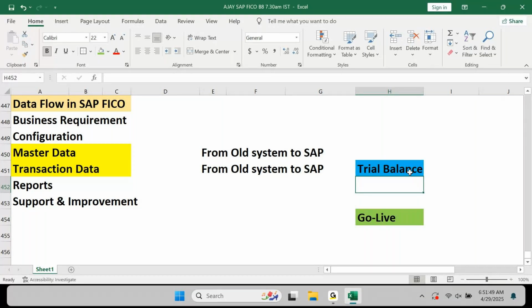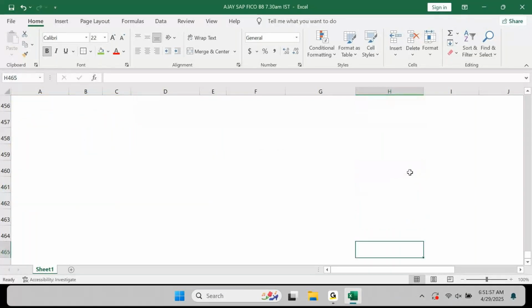Now, for you to upload a trial balance into SAP, we need to understand a few more points here. If I write some more points, we are talking about which point now? Data. What is it that we wanted to transfer from legacy to SAP? Trial balance. In which form will you receive it? Trial balance.